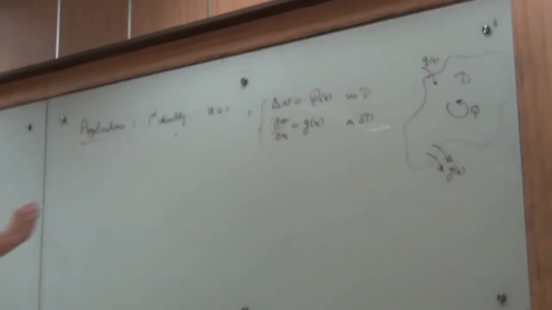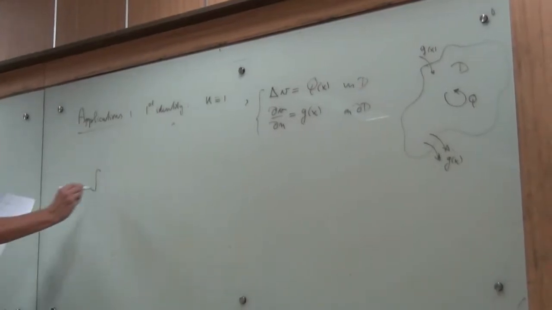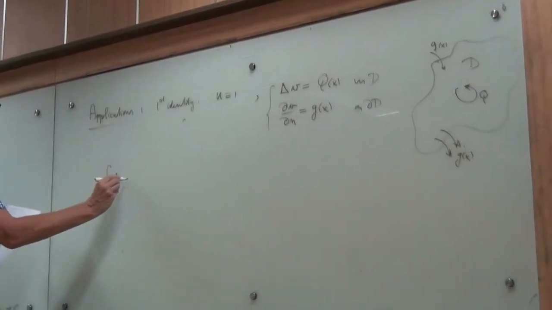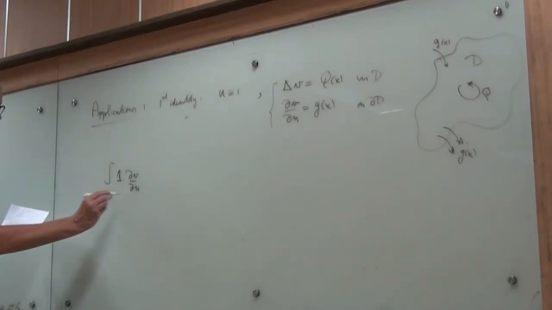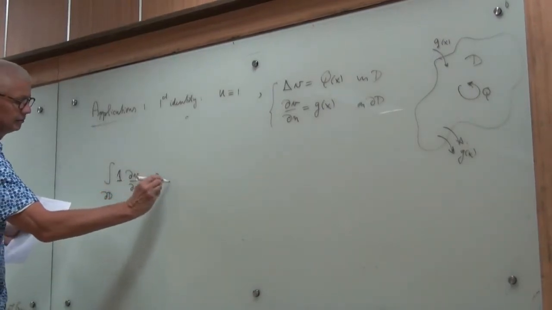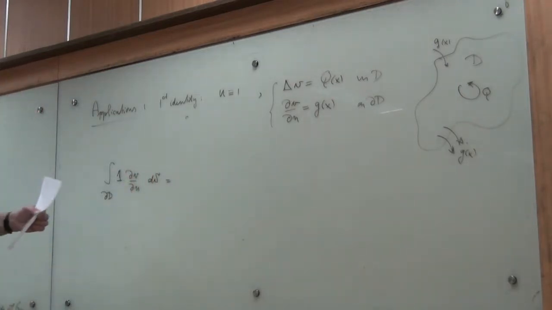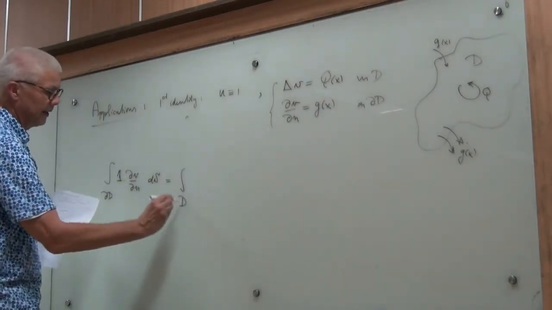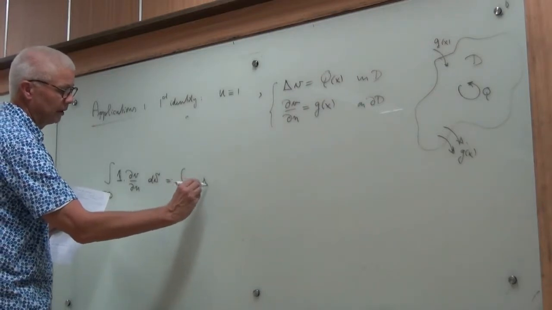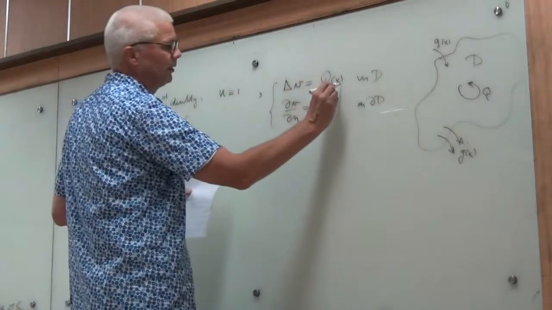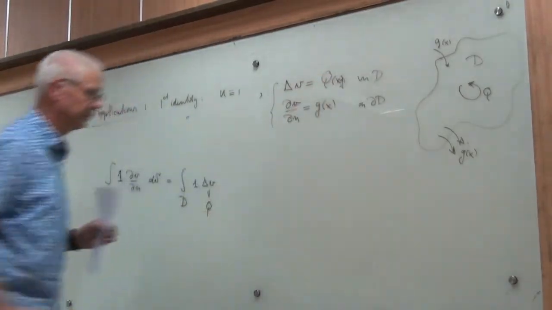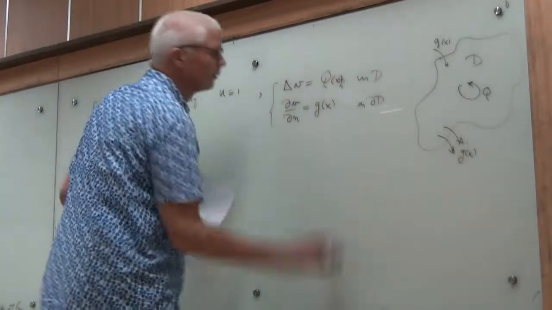So we get the integral of 1 times dv/dn over the boundary dS, at the surface, is equal to the integral over the domain of 1 times Laplace v, and Laplace v is q. You can also take that depending on y if you wish, so x and y and z even.